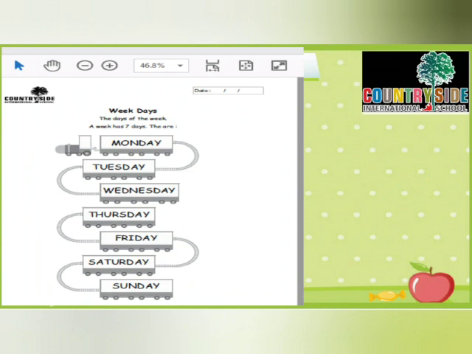That is Monday. Then which is the second day of the week? It is Tuesday. Then third day is Wednesday. Fourth, Thursday. Then which is the fifth day? Friday. Sixth, Saturday. And which is the seventh day? It is Sunday. So in this way you have to learn this page.